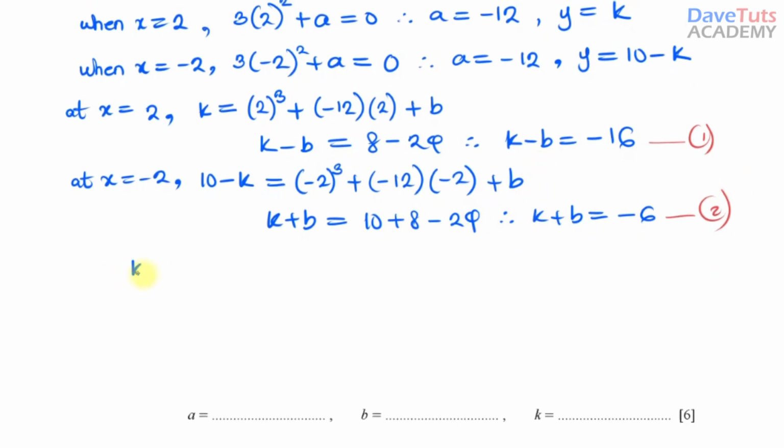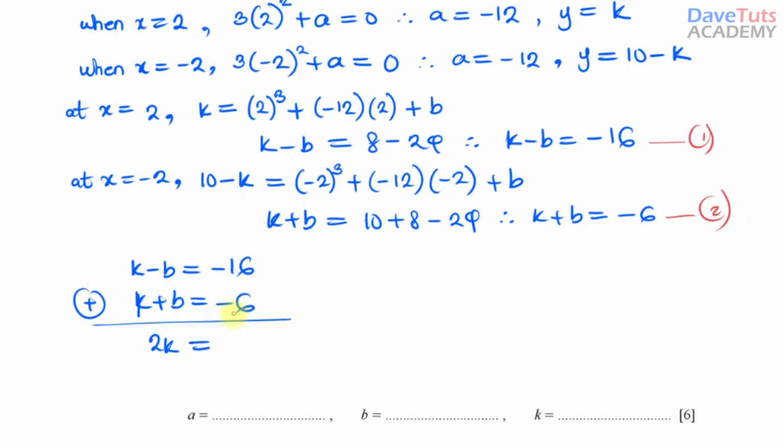Looking at k minus b is equal to minus 16 and k plus b is equal to minus 6, I can say I want to add the two of them together. k plus k will be 2k, minus b plus b will be 0. This is equal to minus 16 plus minus 6. That's going to be minus 22. And then from here I can say k is minus 22 over 2, which is minus 11.